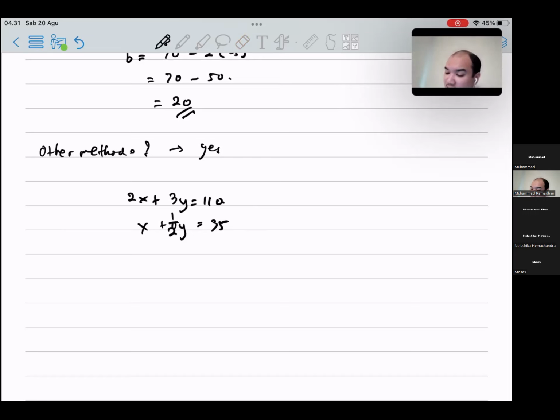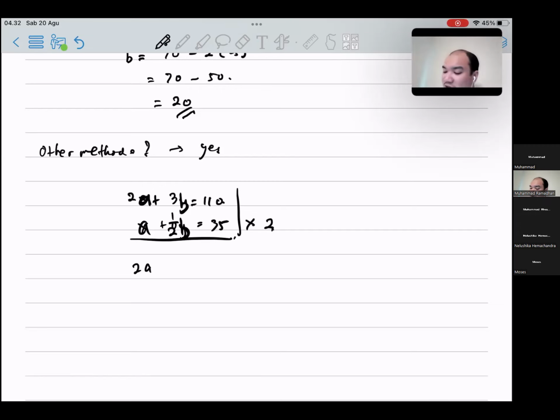To solve this, you have to make the parameter of A or B equal. For example, in this case, I will make the parameter of A equal. You have to multiply the second equation by 2.